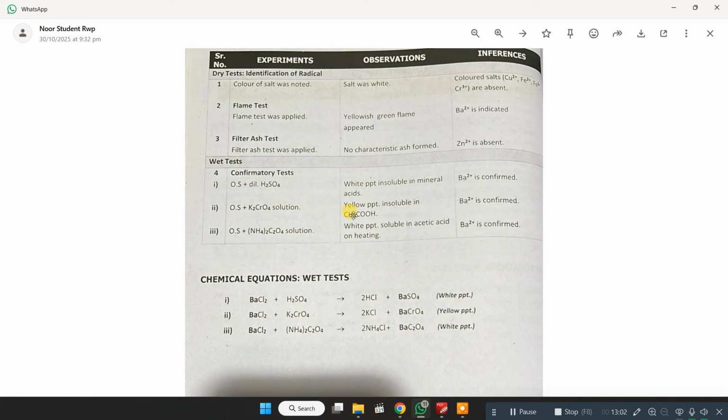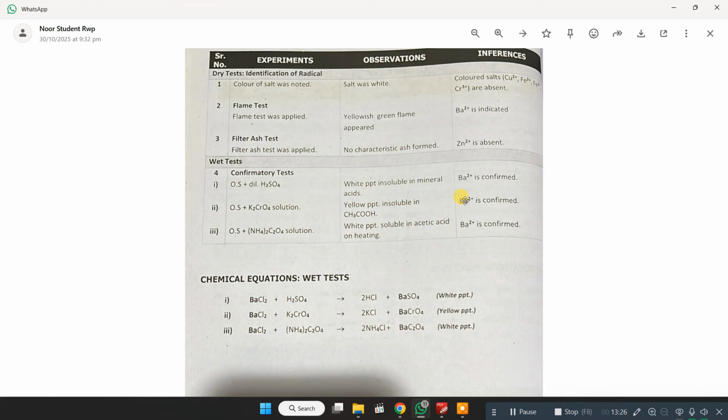So at first look we have a white colored salt, and secondly the precipitate is yellow when the potassium chromate solution is added to the original solution of that salt. The yellow precipitate confirms that barium is present.